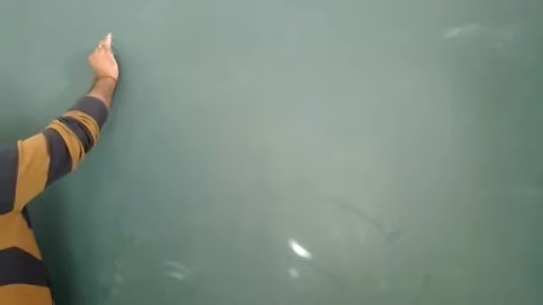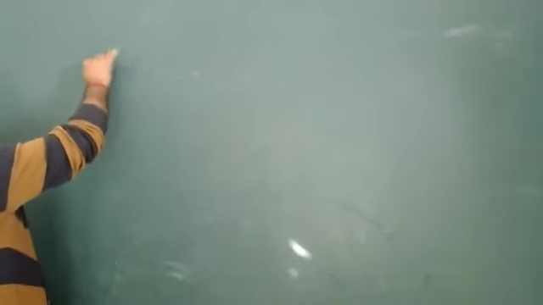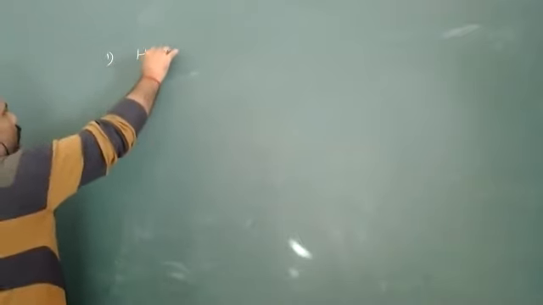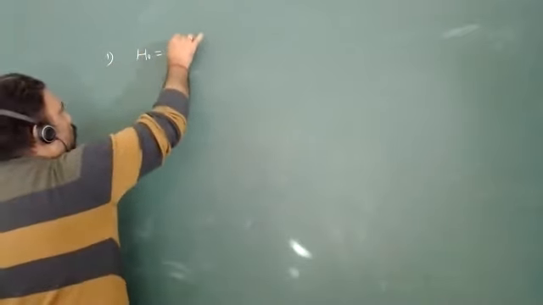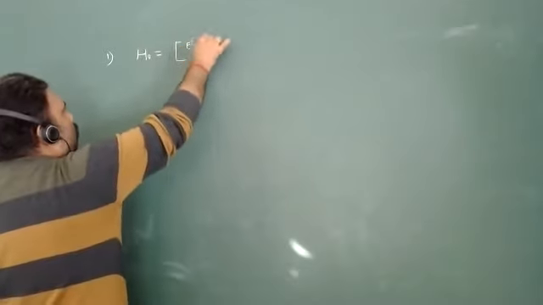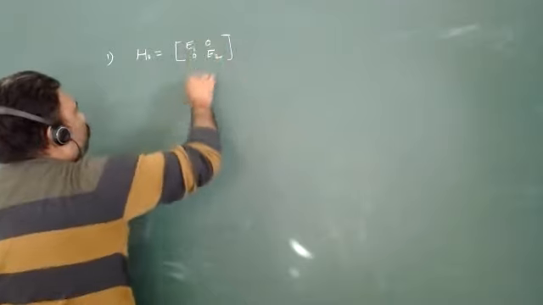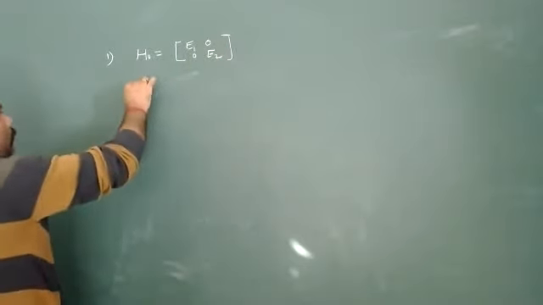Okay, so let's start doing some nice problem, and this is just for the practice. So first problem, I have H naught, and this H naught is E1, 0, 0, E2, and I have HP.